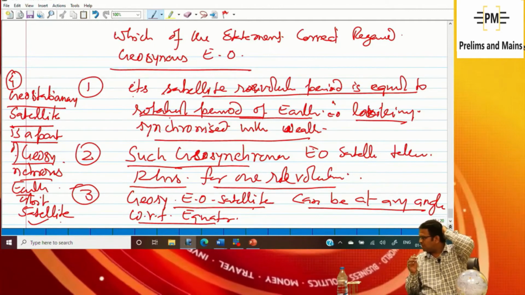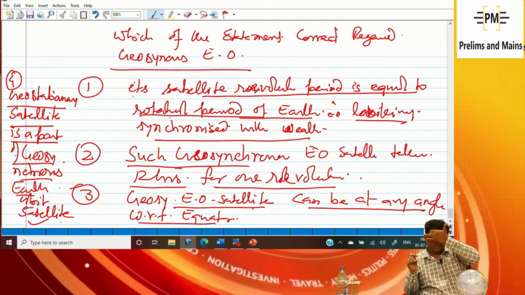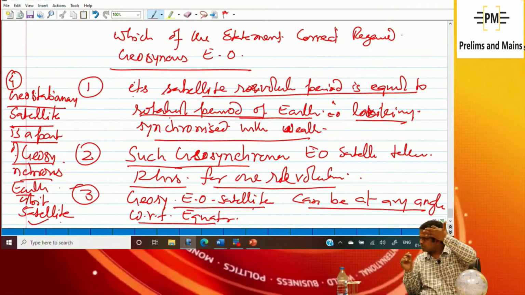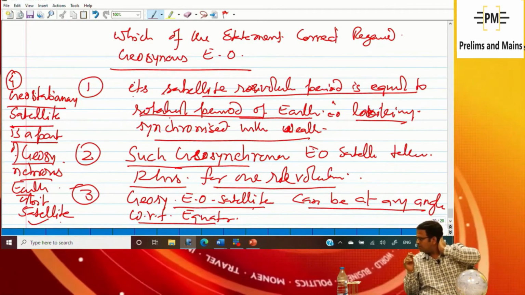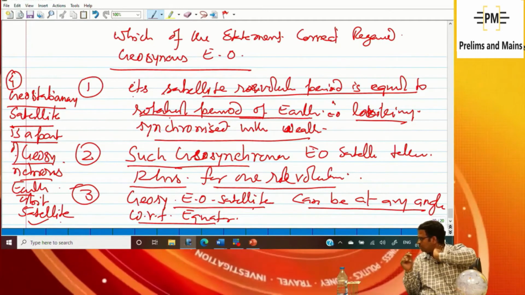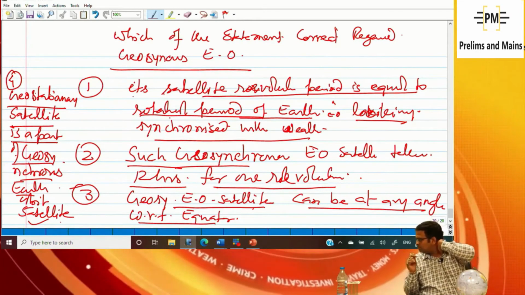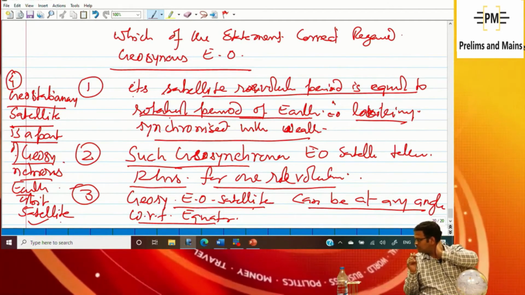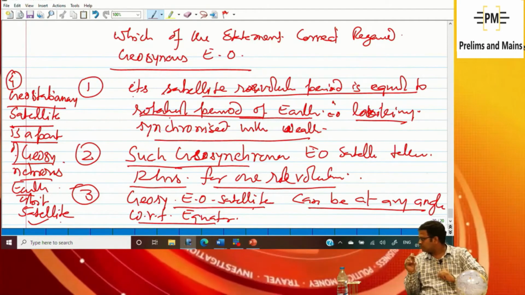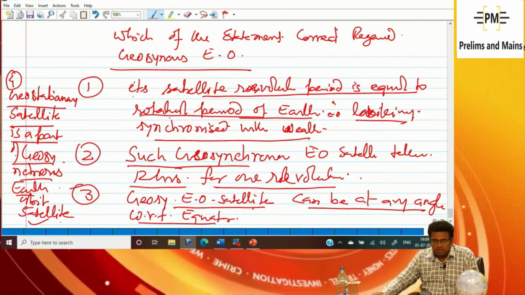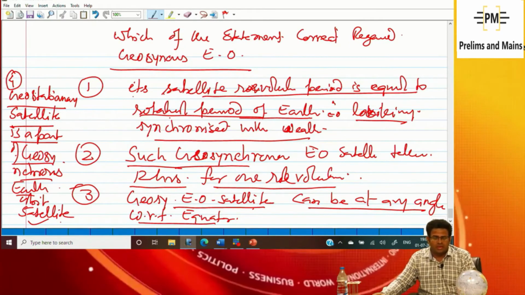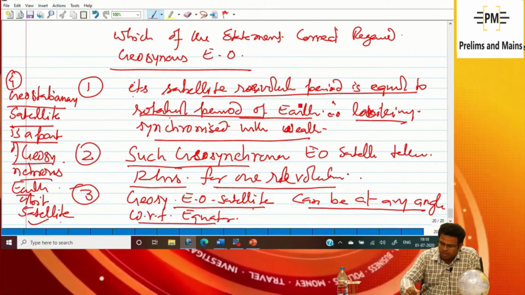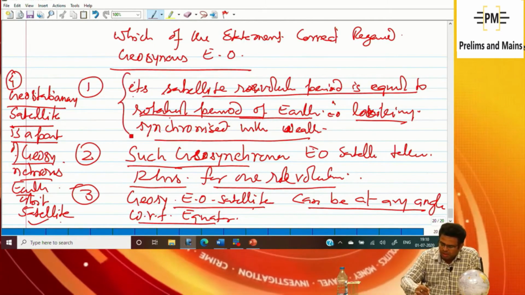Which of the statements are correct? 98% of the students are making the correct option, because the revolution period is equal, this is understood.